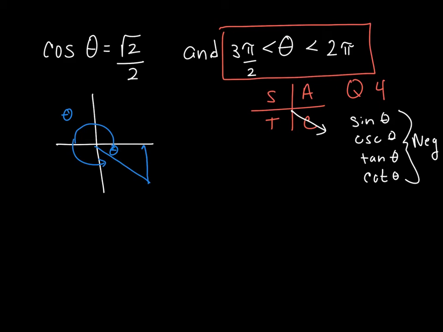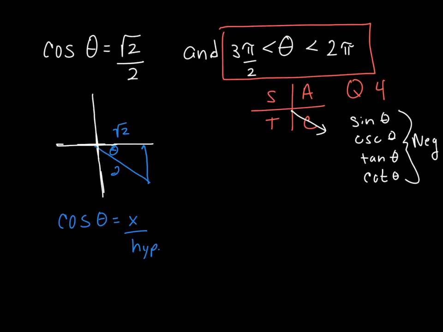Now, I know that the cosine of theta is always going to be x over whatever that hypotenuse is, because in this case, we do not have a unit circle to go from. So my x value here is the square root of 2.